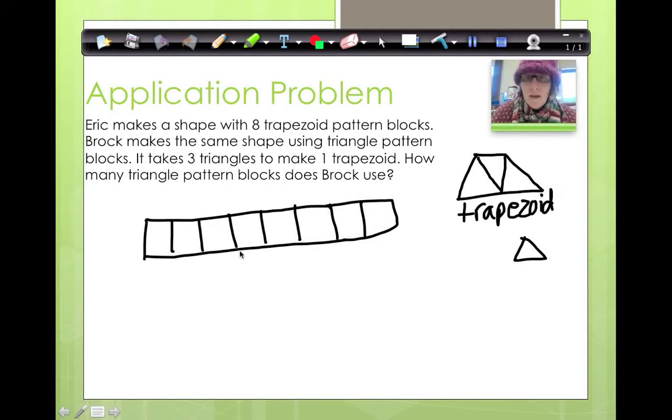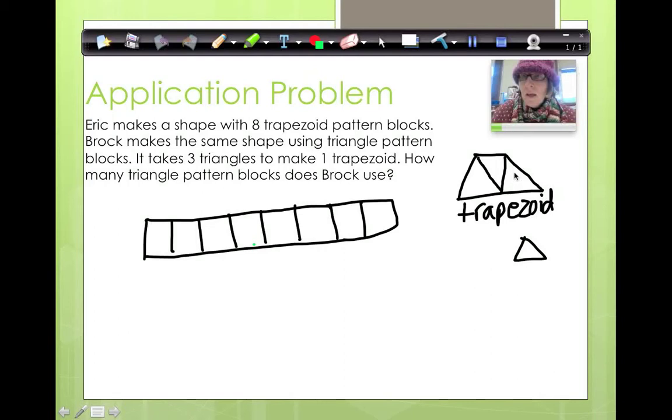8. Okay. Now I'm going to change the color of my ink to blue. And these are going to be Brock's. So Eric's are black and Brock's are blue. Now remember, actually I'm going to do them green because the triangles in the pattern block set are green. Okay.